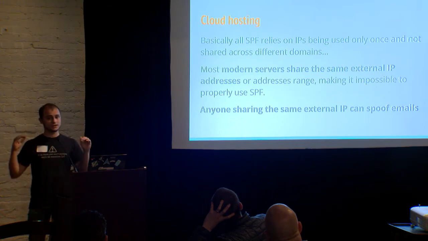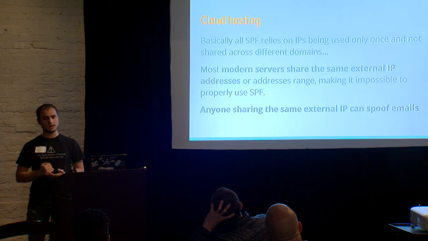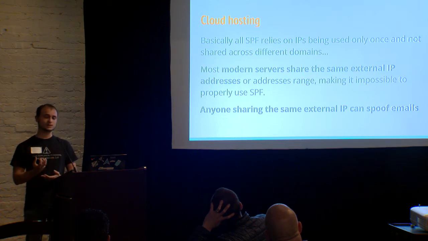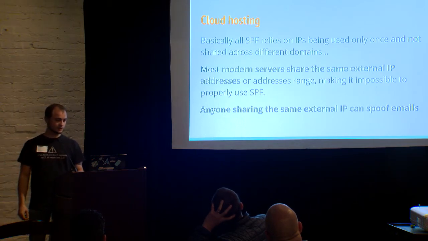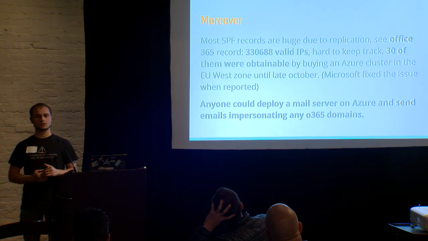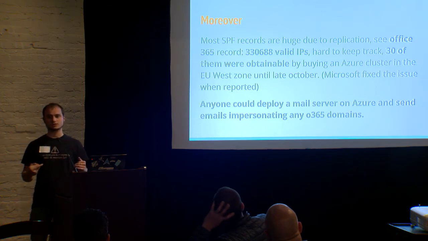Currently, anyone that shares the same IP as your mail server can send an email in your name, and there is no way for your mail server or any other mail server to detect that, because SPF fails in that case.